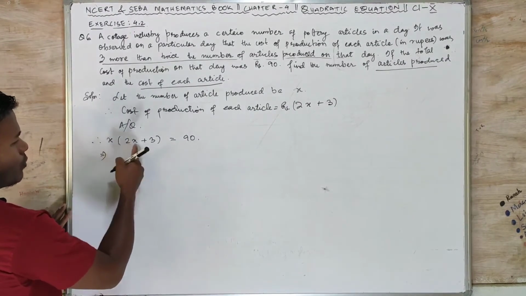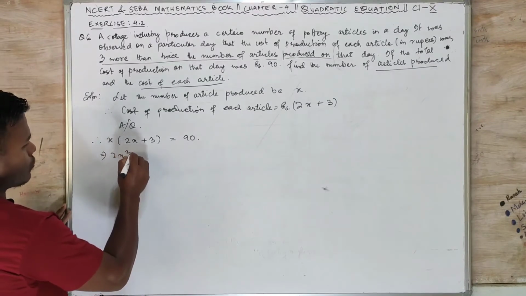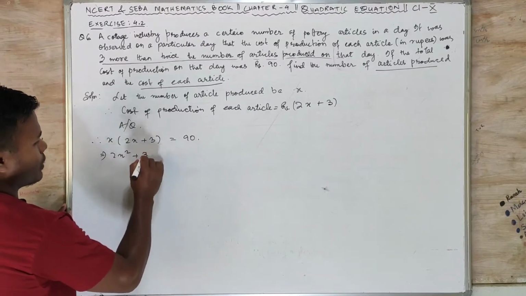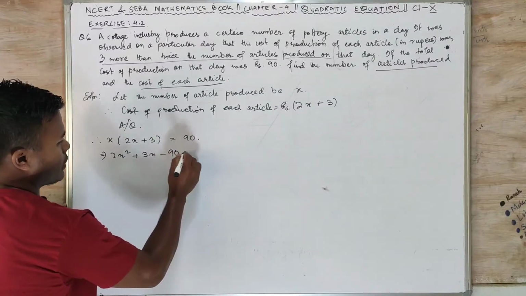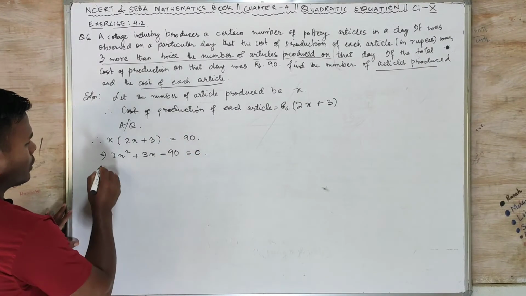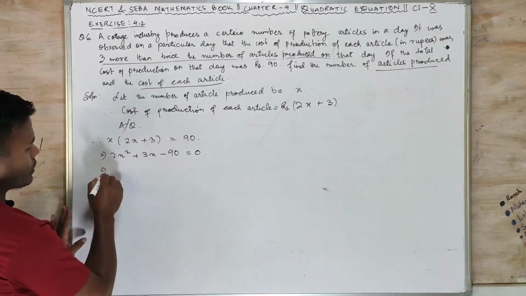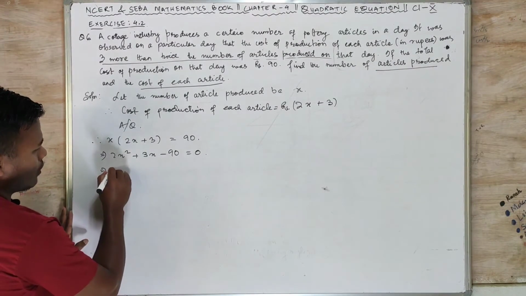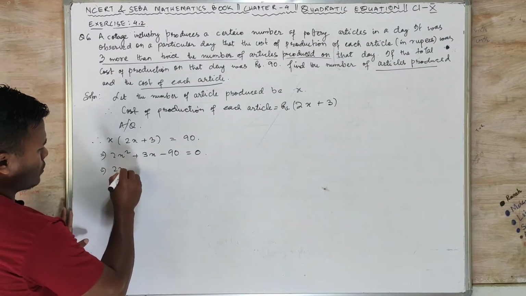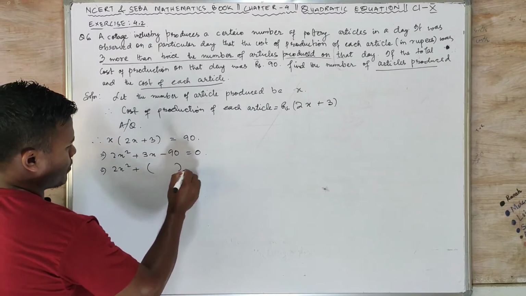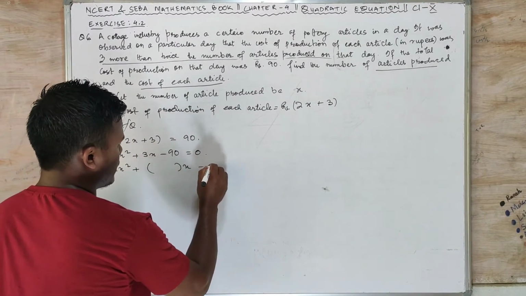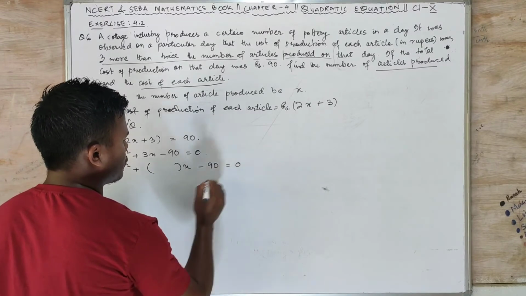Likewise, you multiply these two: 2x square plus 3x minus 90 is equal to 0. Now you have to solve this using the middle term, which is the simplest one. 2x square plus, bracket, x minus 90 is equal to 0.